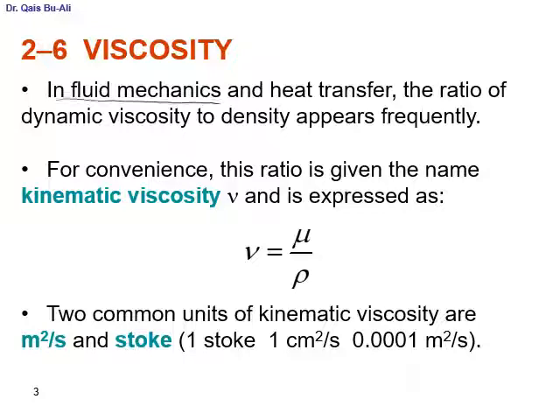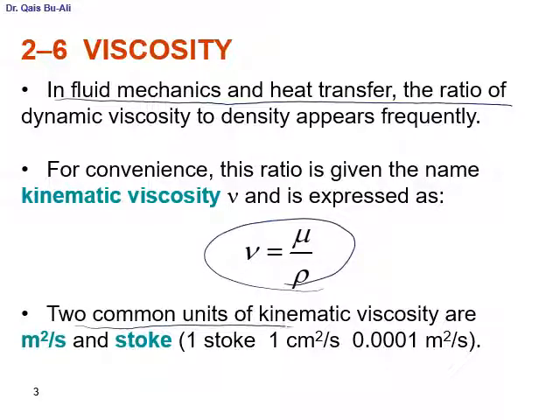So in fluid mechanics and heat transfer, this is just a repetition. This is the equation of kinematic viscosity, and here is the answer. Two common units of kinematic viscosity are meters squared per second and stoke. One stoke is equal to 1 centimeter squared per second, which is equal to 0.0001 meters squared per second.